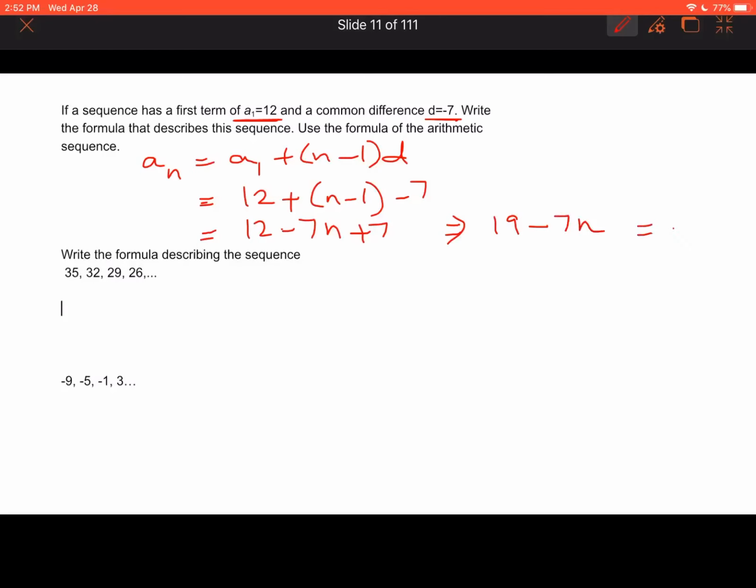This is nothing but the equation for the given term and the common difference.